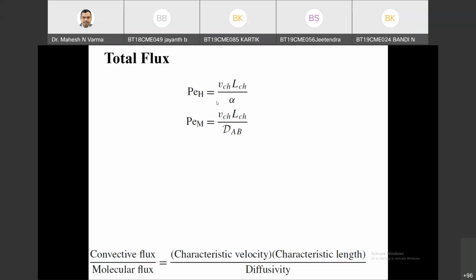So it means diffusion happens over a much longer time compared to convection. So that is the physical significance of the Peclet number.